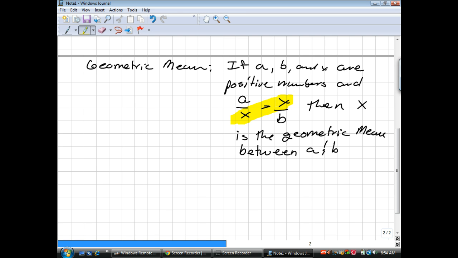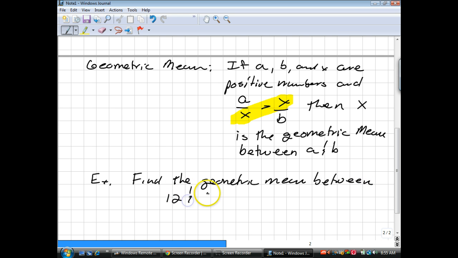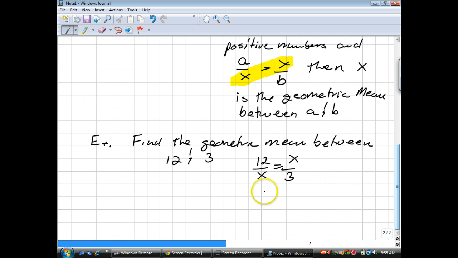Okay? And so for example, if I want to find the geometric mean between 12 and 3. I set up the proportion 12 is to X as X is to 3. And then we do means and extremes.